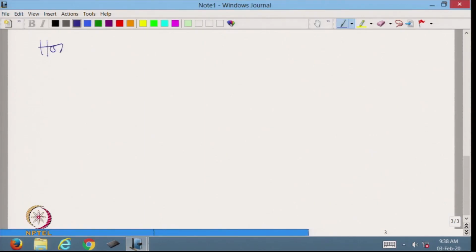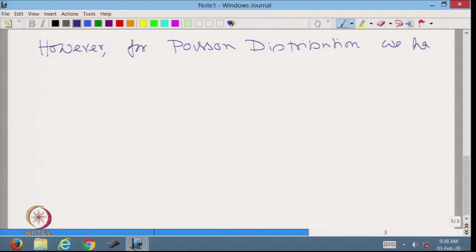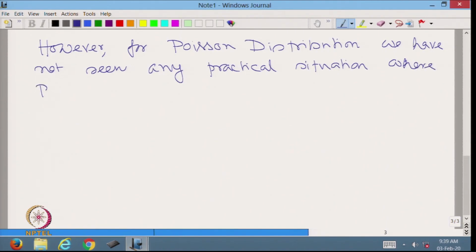However, for Poisson distribution, we have not yet seen any practical situation where Poisson distribution fits well.